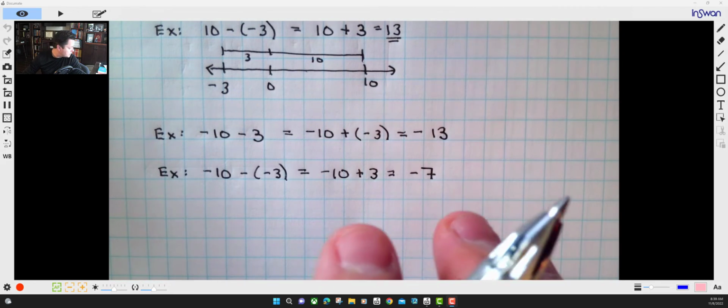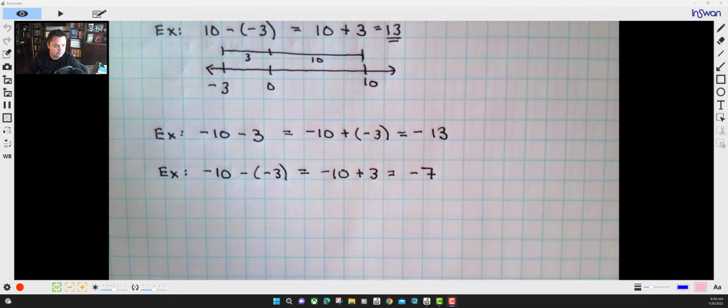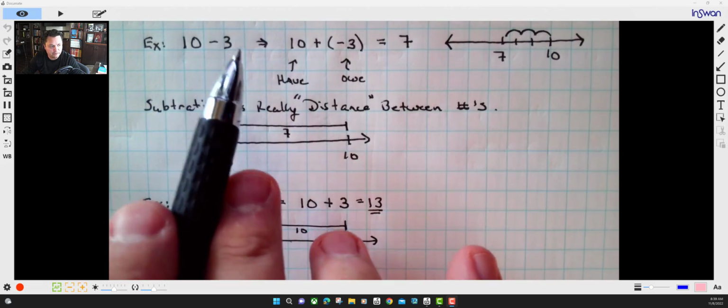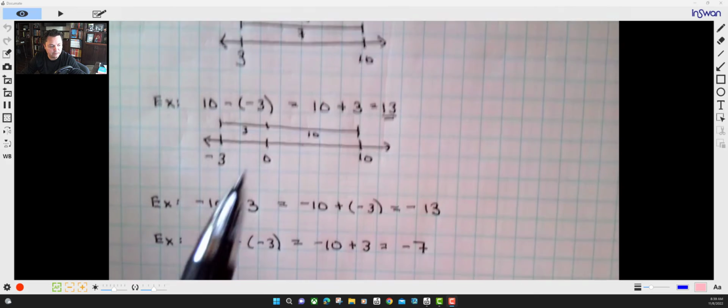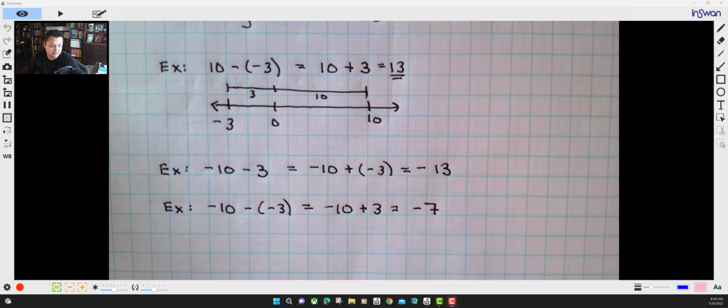And that pretty much covers all of our different types of subtractions. So again, we've got a positive minus a positive, a positive minus a negative, a negative minus a positive, and a negative minus a negative. So those are all the different cases that I believe that we can have.